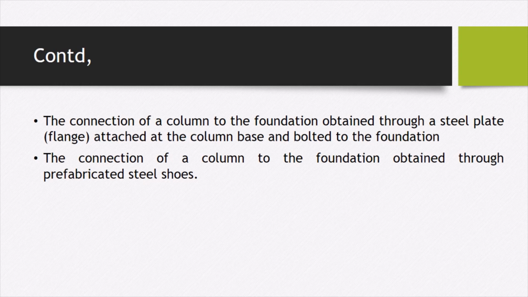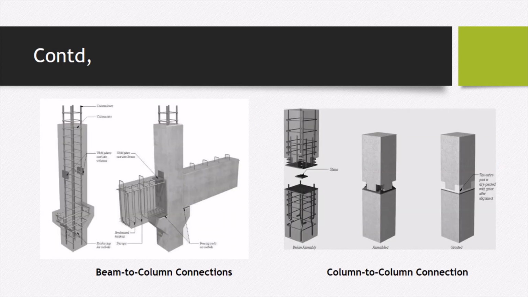So by this the theoretical part of the connections is over, and in the next slide we will view some images, some cross-sectional views of connections done in structures. The first one is beam to column connection. You can see the bearing pad placed above the corbel, and the beam is just placed above the corbel.